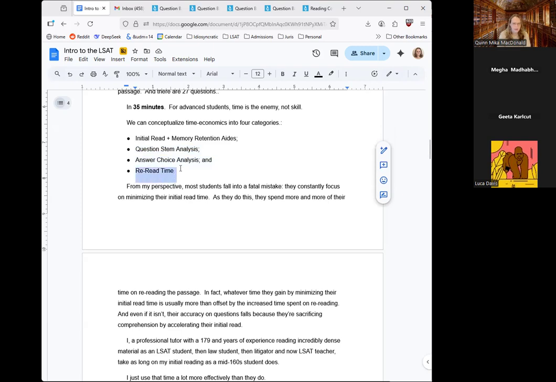And the fourth, and the most disastrous one for students, is reread time. From my perspective, most new students fall into a very dangerous trap. They keep focusing on minimizing their initial read time. The problem with doing that is if you don't come out of the initial read with a good understanding of the passage or a good memory of where things are in it, all you're doing is delaying that time spent.